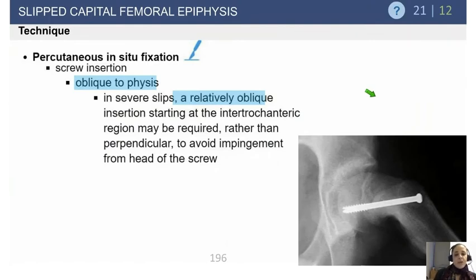For patients who have a significant amount of deformity, you may have to make your screw more oblique, and the goal still is to get your screw center in the epiphysis.